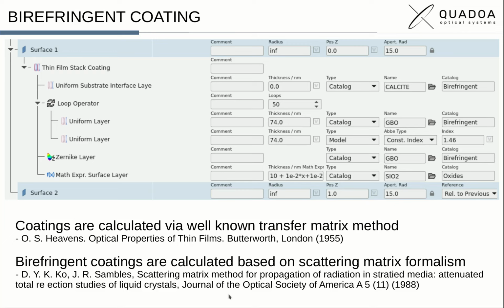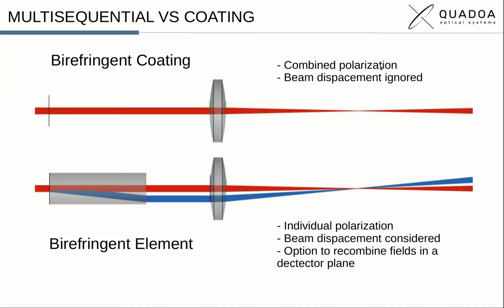In summary, this means that there are two options to define a birefringent element. One is as a birefringent volumetric element. The other option is as a birefringent coating. The advantage of the coating is that we directly get the combined polarization state out of it.